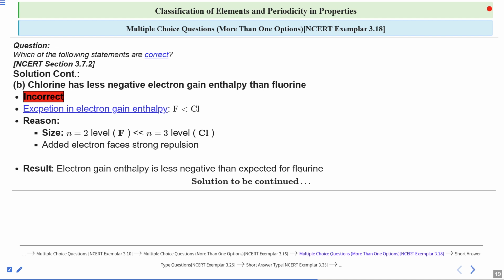So this is statement number B. I guess this is clear to all of you, what is the reason behind the incorrectness of this statement. It is due to the small size, right? That is, fluorine is facing difficulty to accept the electron, and hence it is difficult for it to release more energy as compared to chlorine.